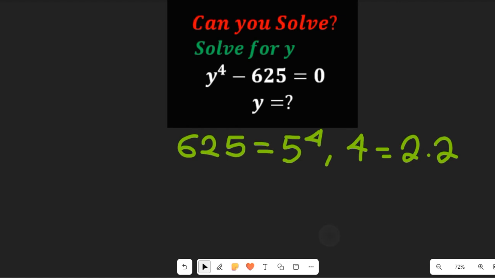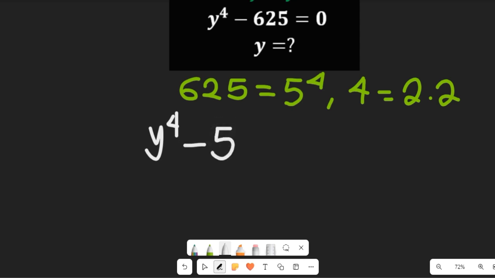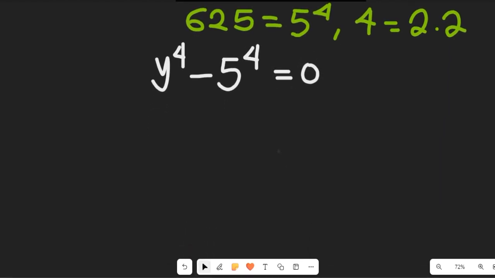So if we simplify this expression, we are simply going to replace 625 with 5 to the power of 4. Now let's do that. We'll have y to the power of 4 minus 5 to the power of 4, and that will be equal to 0.